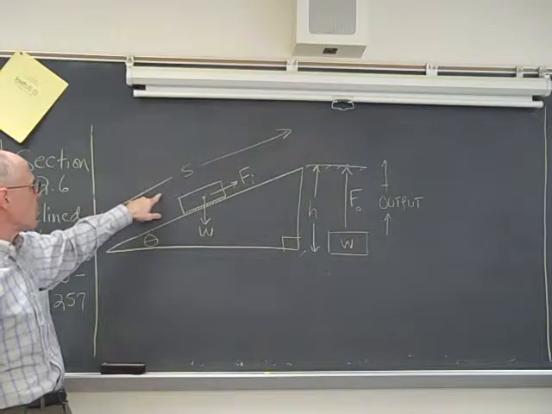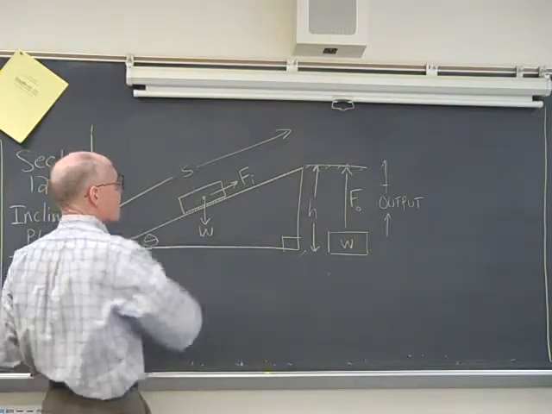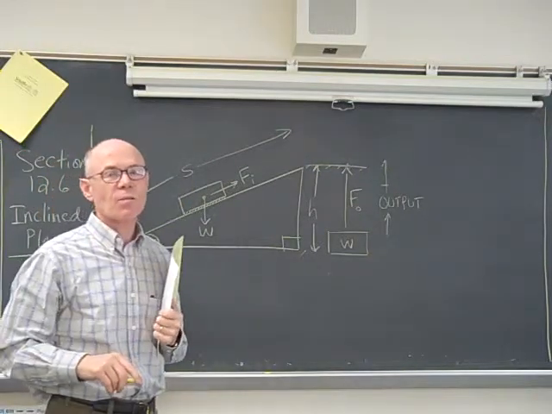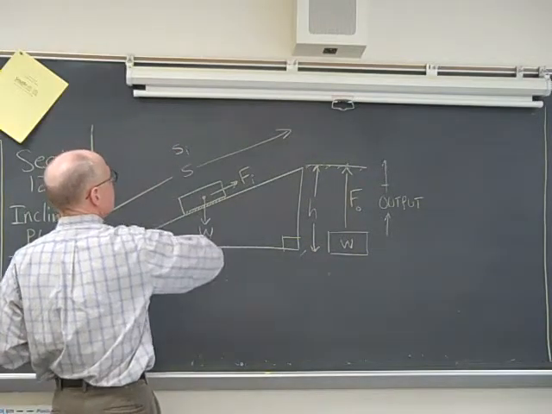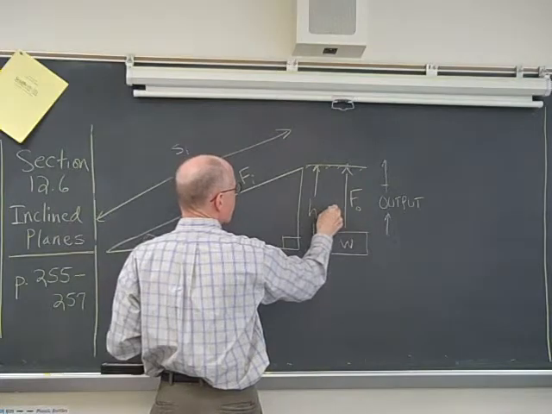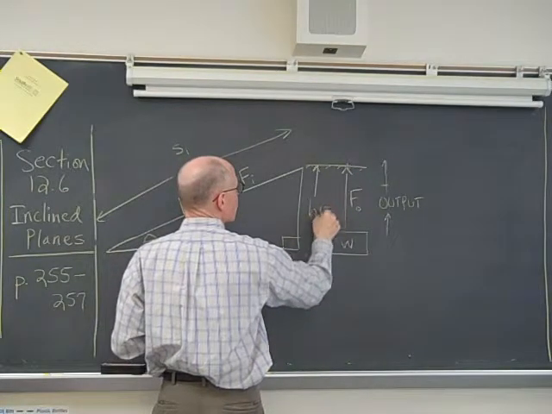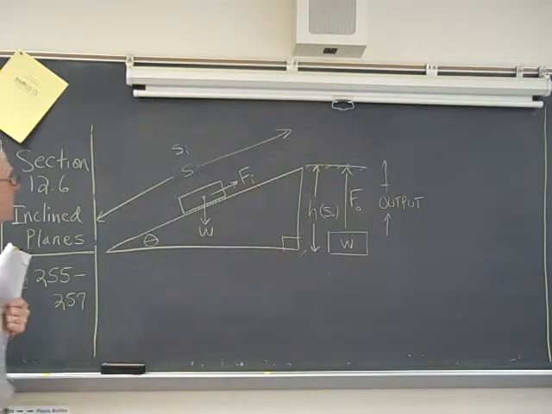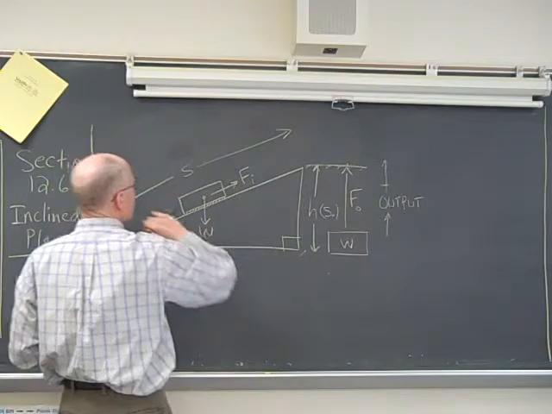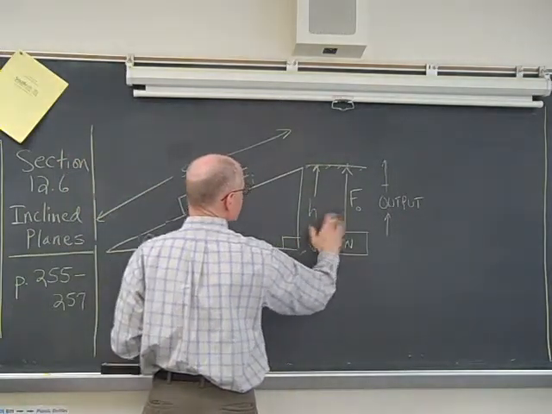If we want to think of input and output distances, you could think of this as the input distance, and you could think of the height, if you wanted to, as sort of like the output distance, if we want to be consistent with the other equations we've used in the past. But as you can see from the text, we'll just use S and H.